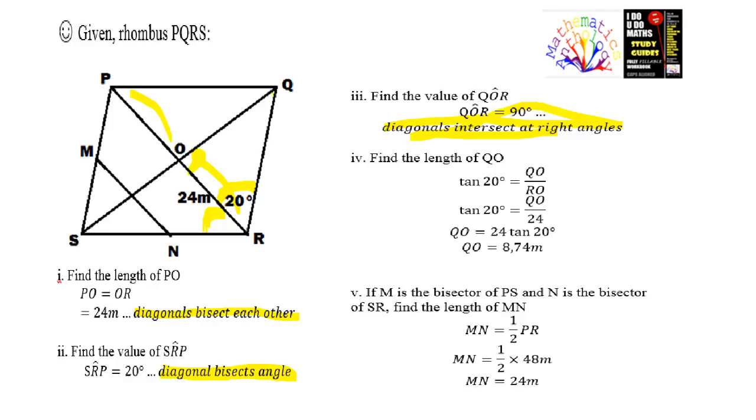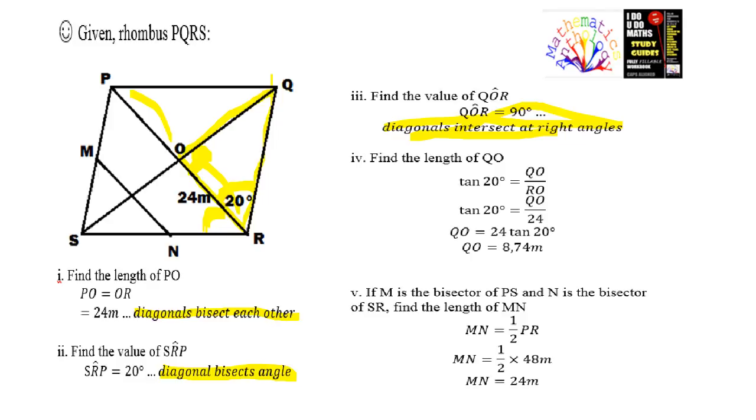So QO is here. QO is in this triangle here, QOR. I'm going to work in this triangle to find the length of QO. I know that this angle in the middle here, O, is 90 degrees, so I'm going to use SOHCAHTOA or trig to solve for QO.